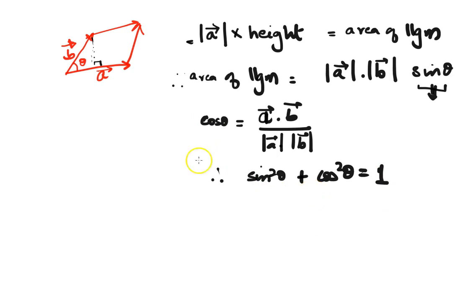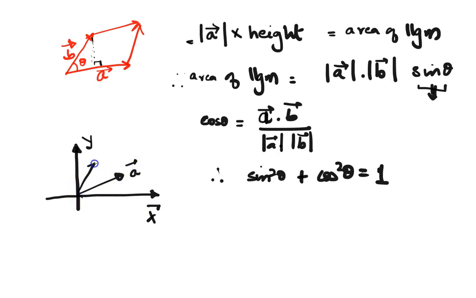Okay, so let's think about this. If you have a vector A on the x and y axes, and this is vector B, this angle is theta.